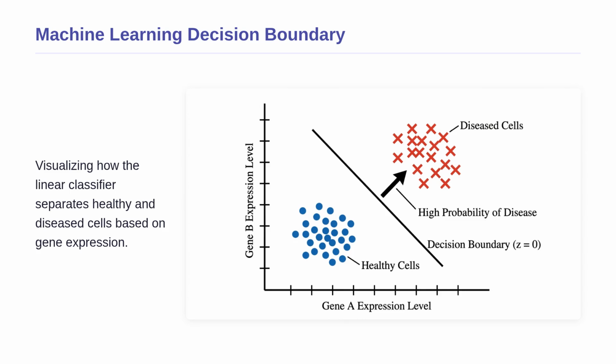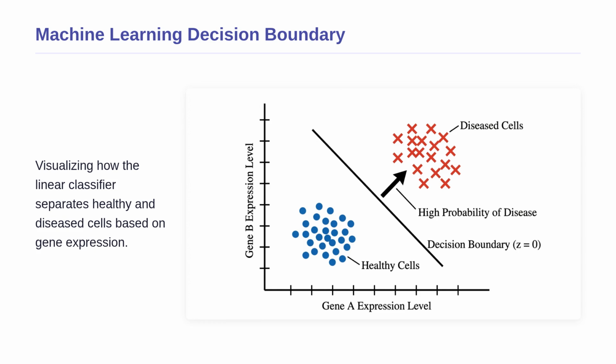Having calculated the math, let us visualize what the machine learning model is actually doing. Here we see a decision boundary diagram. The horizontal axis represents the expression level of gene A, and the vertical axis represents gene B. Notice the two distinct groups.